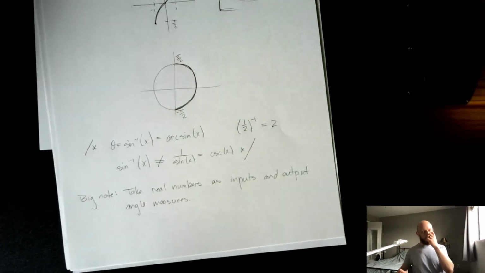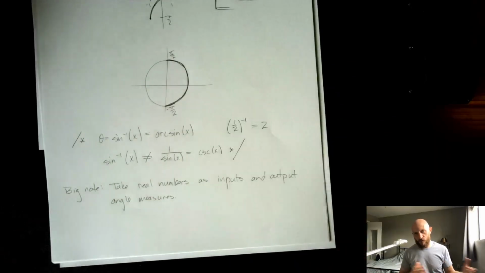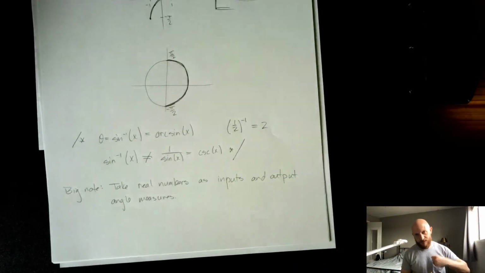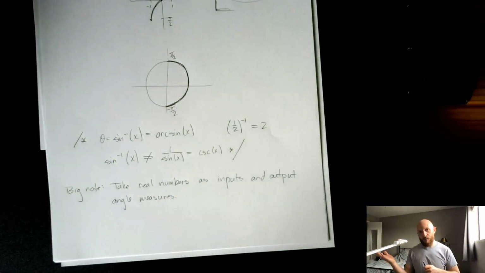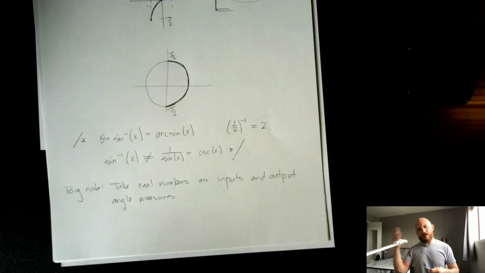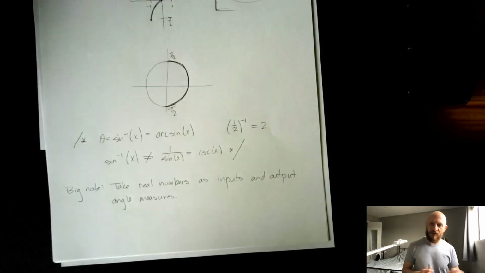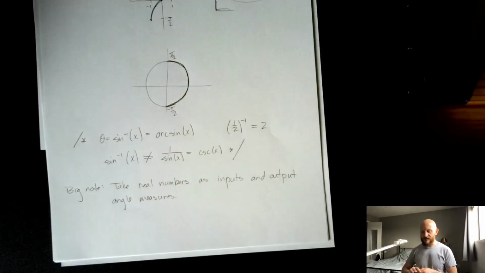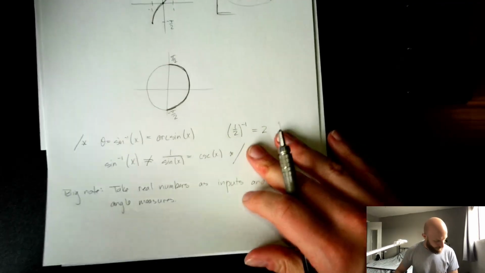That shouldn't be too much of a surprise, because the normal trig functions accept as inputs angle measures and they output number values. So that's being flipped now. Just something to kind of remember. Inverse trig functions output angles. They give you angles.